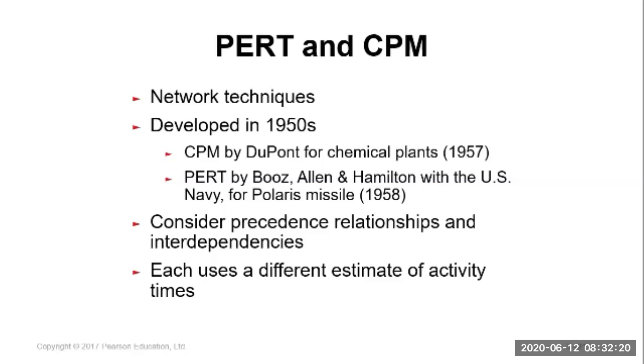So the direction from the lecturer, and then identify the topics. After you get the topics, then you can find the information. But you cannot find the information before you have your topics. Can you start to find the information before you complete your topics? No, cannot. So that is the precedence relationship and interdependency.